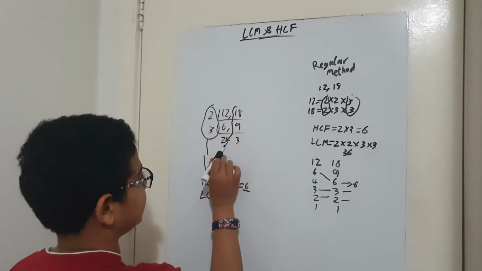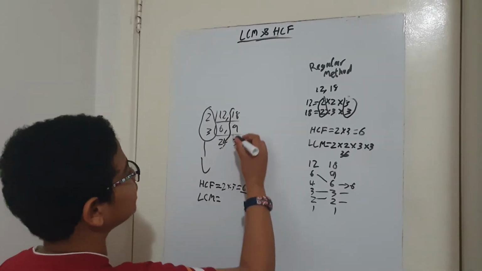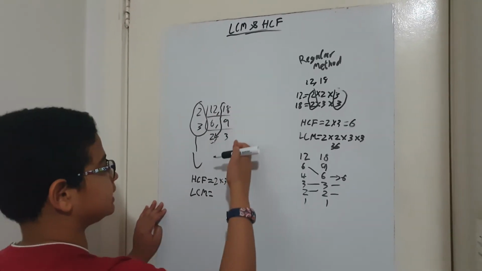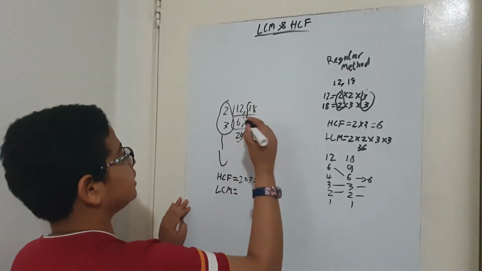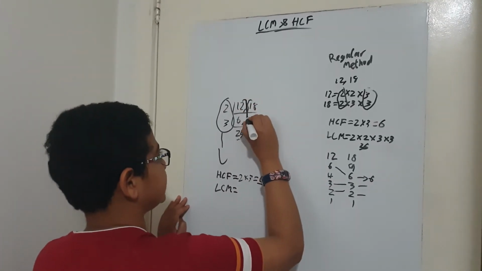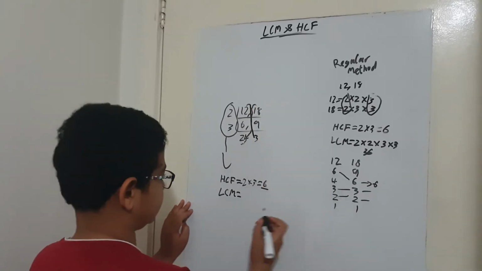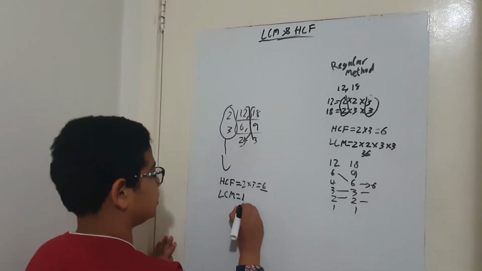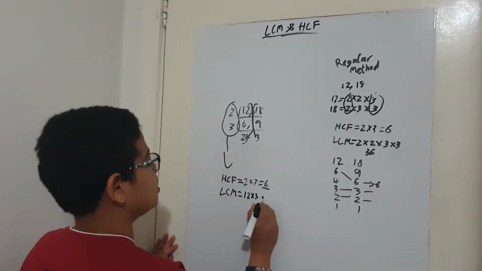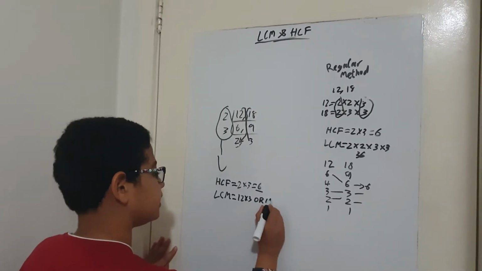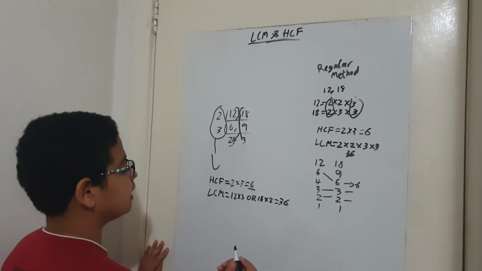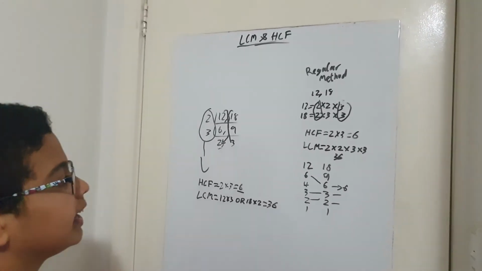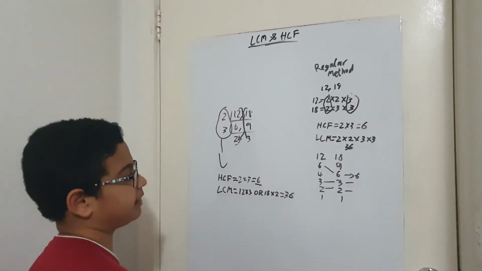It's the number that's not in the same column as this number, you have to do it on the other column. You can do either one. So 12 times 3, or you can do 18 times 2. So LCM is equal to 12 times 3, or 18 times 2, and that's equal to 36. So that's the LCM, and that's the same as this one over here.